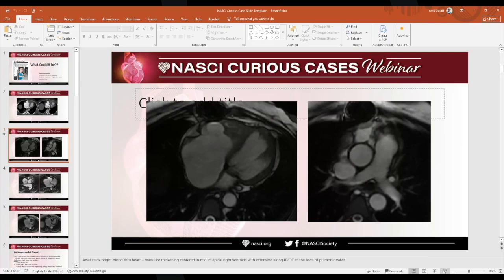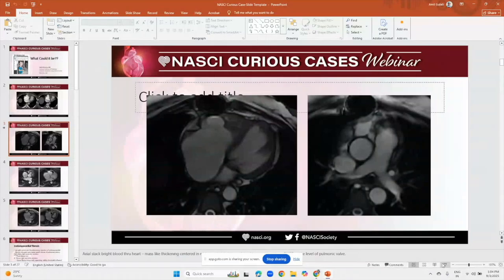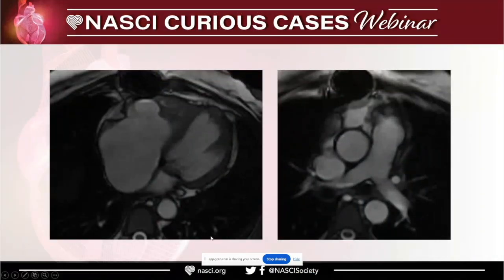Maybe when you share your screen, you can share your desktop. Okay, let me try sharing the entire screen, and then let's see if we can make it a slideshow. Do you see it as a slideshow now? Yes, all right, perfect. Thank you for prompting that.